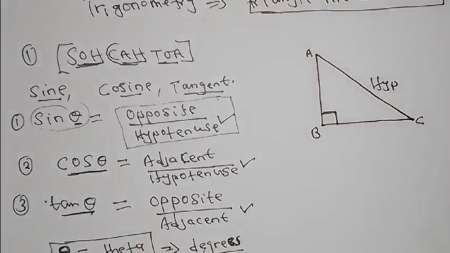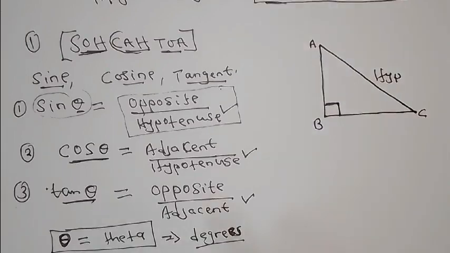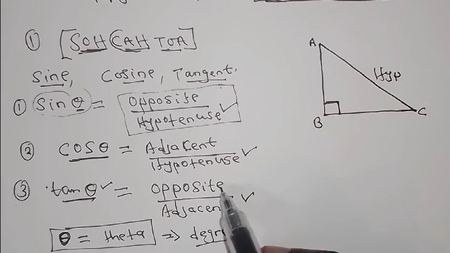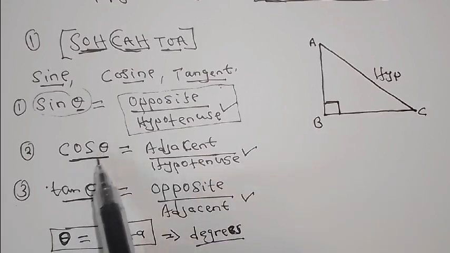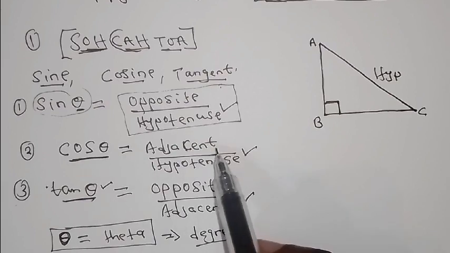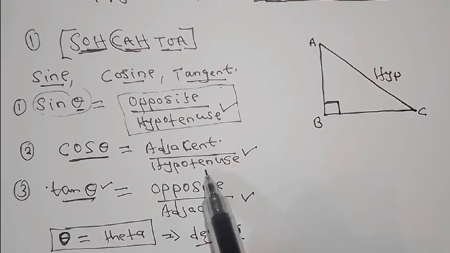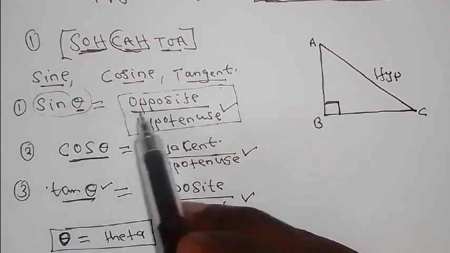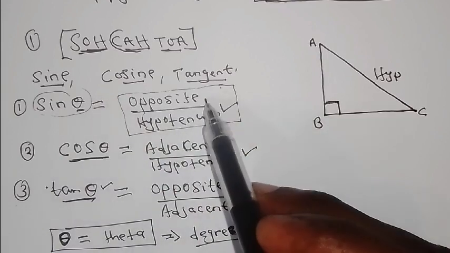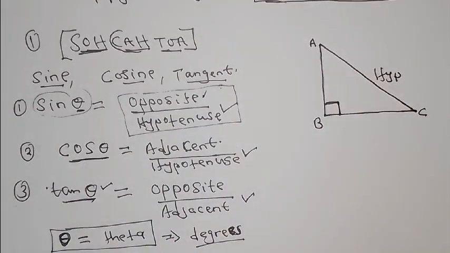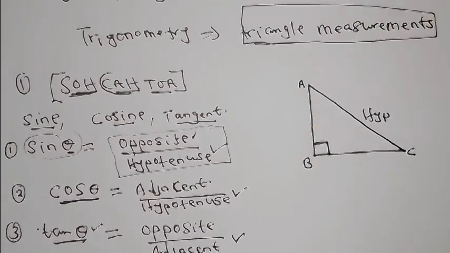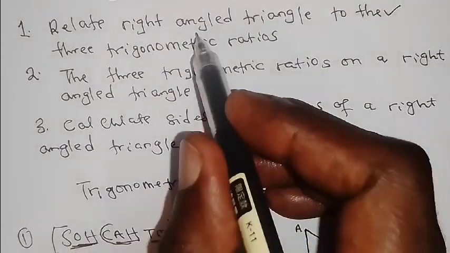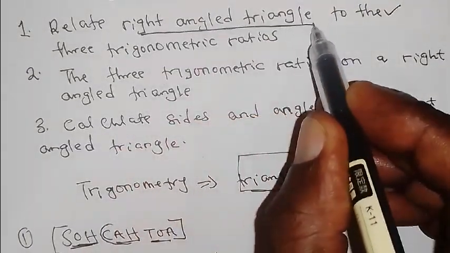Most of the time you have to be careful: are you looking for the angle or for a side, either the opposite or the adjacent? If you are looking for the cos of that angle, the sides should be adjacent over the hypotenuse. If you are looking at the sine of that angle, then the sides are opposite and hypotenuse.